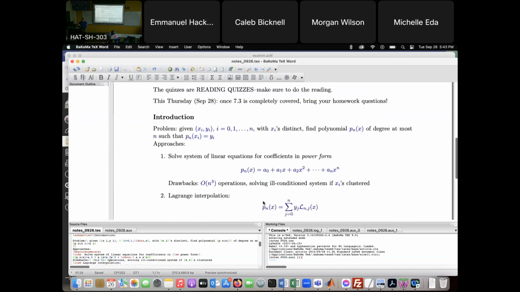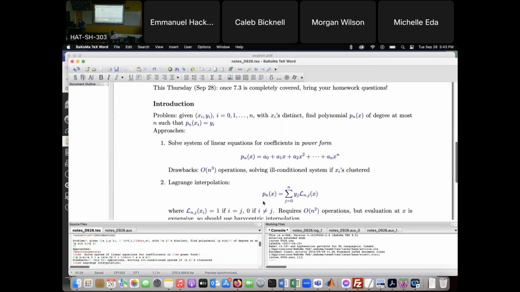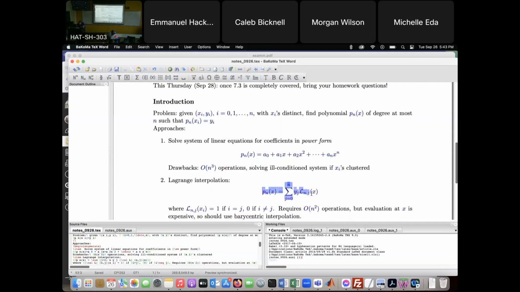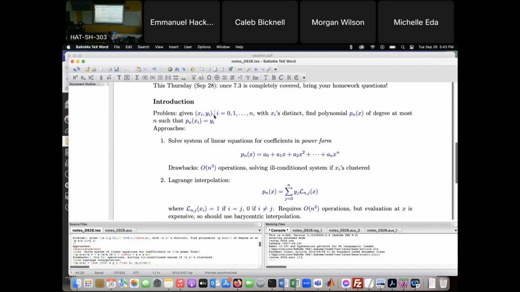The second approach that I covered last time was Lagrange interpolation. Here we have a different form of the interpolating polynomial. The polynomials themselves are the same; if you were to expand all of this out and match the coefficients, they would be the same. Now the coefficients of this linear combination of polynomials are just the y values that you're given in the first place. I described how to get Lagrange polynomials last time. They have the property that if you plug x_i into the jth Lagrange polynomial, you get 1 if i equals j, 0 otherwise.